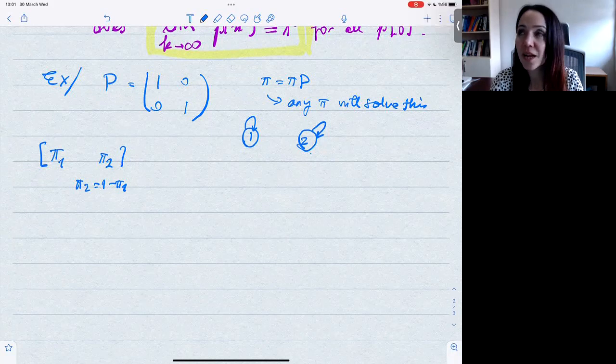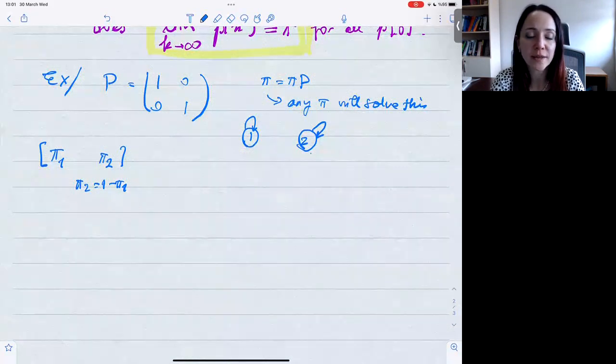This does not mean that any convergence happened, basically. That doesn't mean that the Markov chain converged to a stationary distribution.